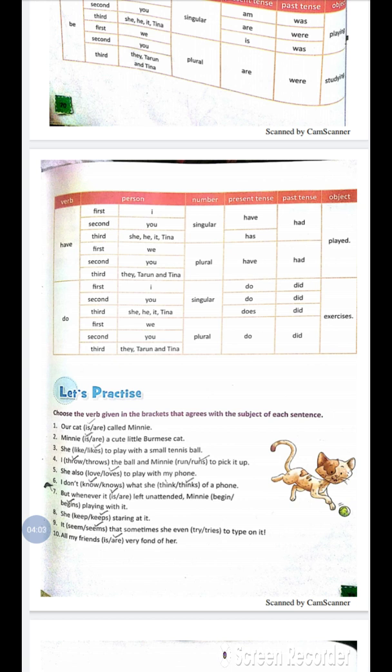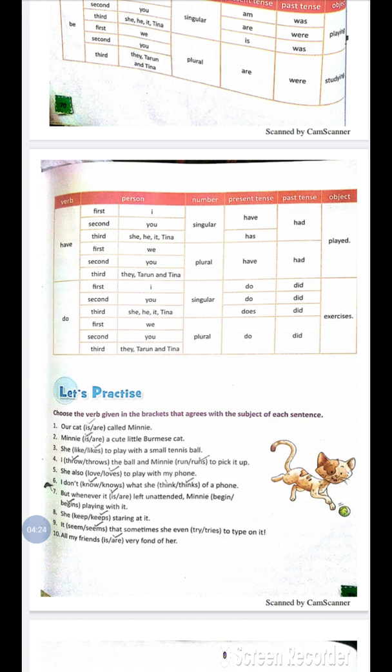I के साथ आप have का use करोगे. But when we take the plural one, in first person we, second person you, third person they, and the names which is more than one. And in present tense we will take have and in past tense we will take had.